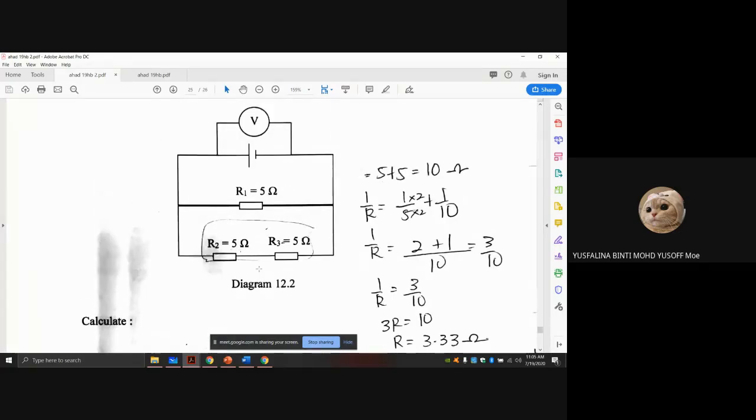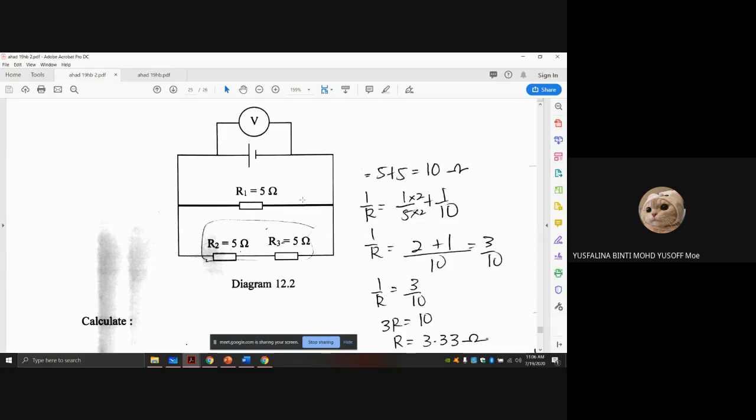For this one you have to solve R2 and R3 first, the resistors that are arranged in series. R2 plus R3, you got 10 ohm. After that, this is already combined and acting like a single resistor here, so it will become parallel.